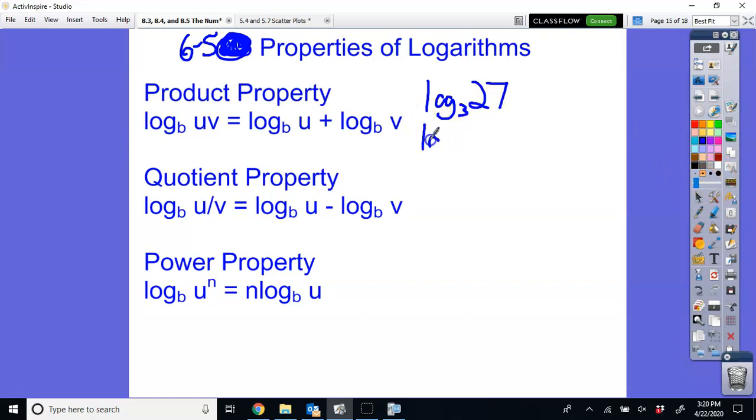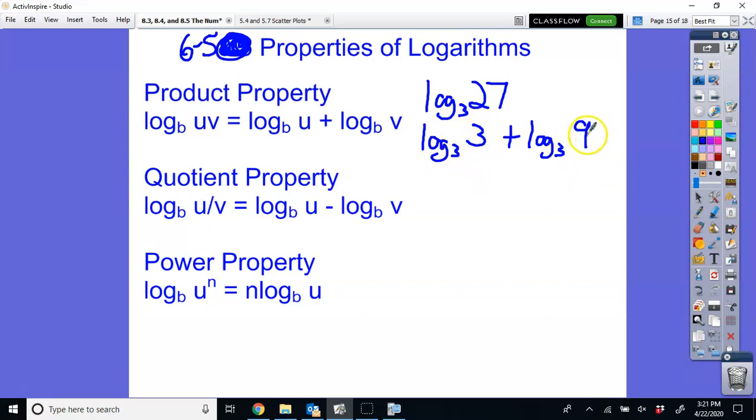You can take this and split it up into two logarithms that are added together if you know factors of 27. In other words, 27 is 3 times 9, so you can split it up into log base 3 of 3 and log base 3 of 9, which are smaller pieces, and most of us hopefully can tell that log base 3 of 3 is 1, because 3 to the first power is 3.